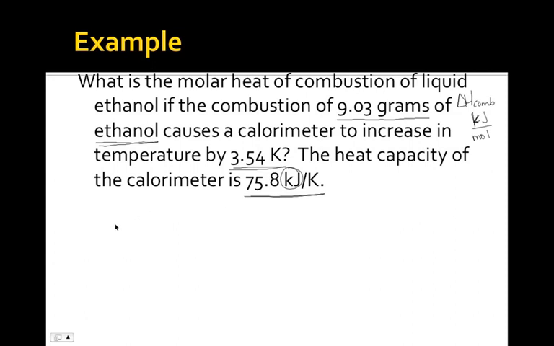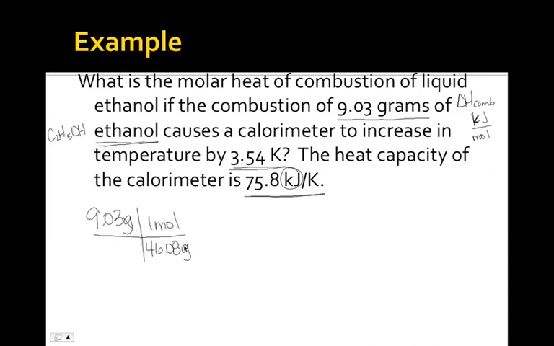First number I came to was 9.03 grams, so that's where I'll go ahead and start. So I have 9.03 grams of ethanol. And in case you've forgotten, ethanol is C2H5OH. And the molar mass of ethanol, if you added all this up, 24 and 5 plus 16 and 1, gives you 46.08 grams per mole.